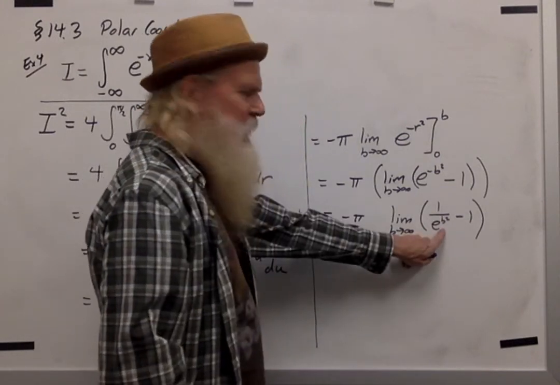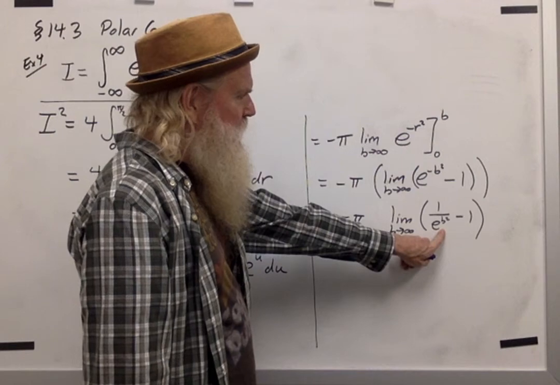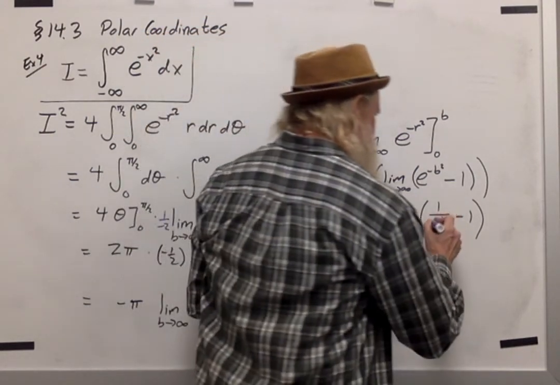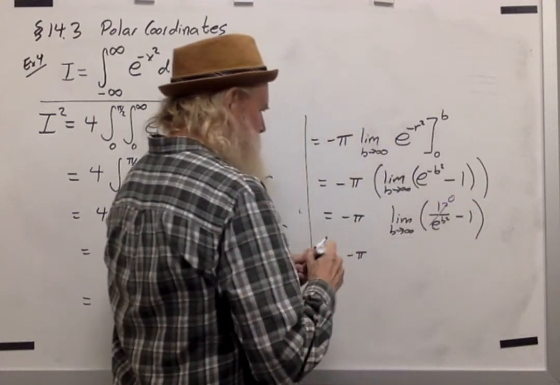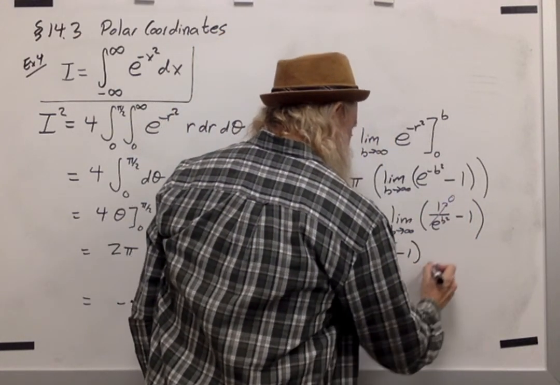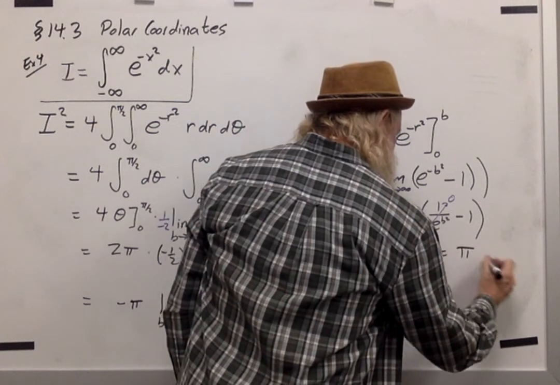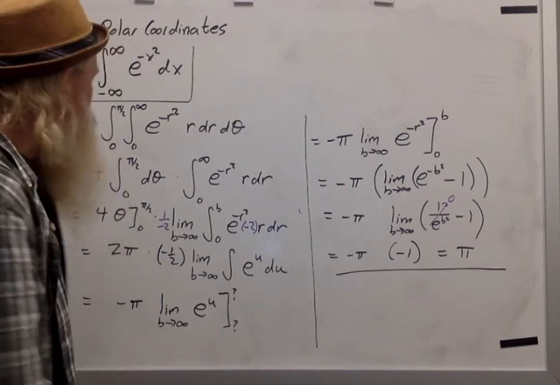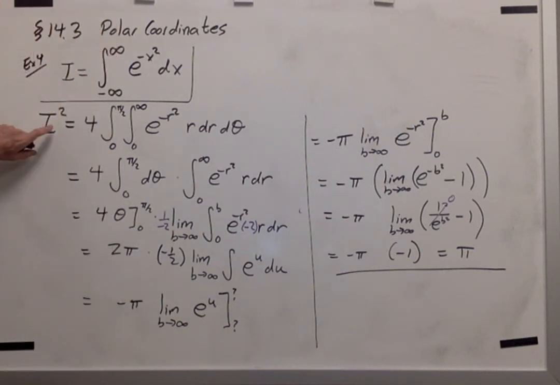As b goes to infinity, this denominator is going to infinity while the numerator is constant, which means that this limit is 0. So I have negative pi times negative 1, which is pi. Don't jump to a conclusion quite too quick. Remember, this is not the value for I, this is I squared.